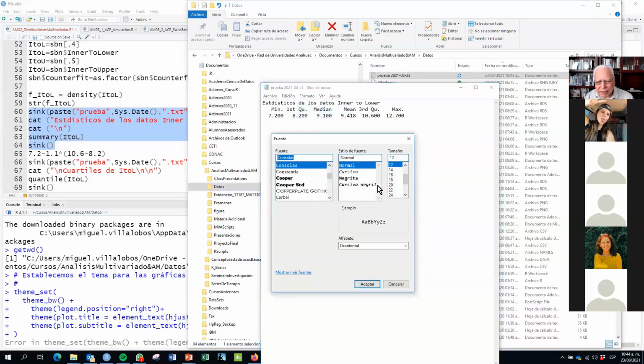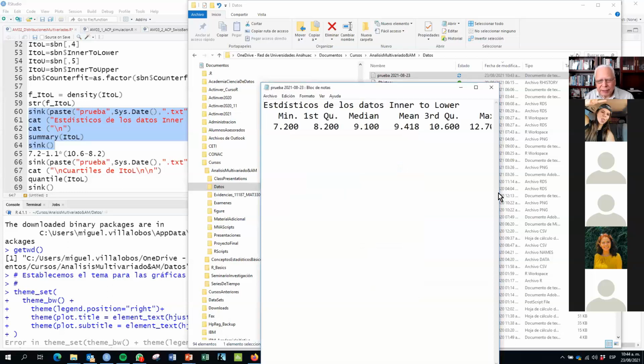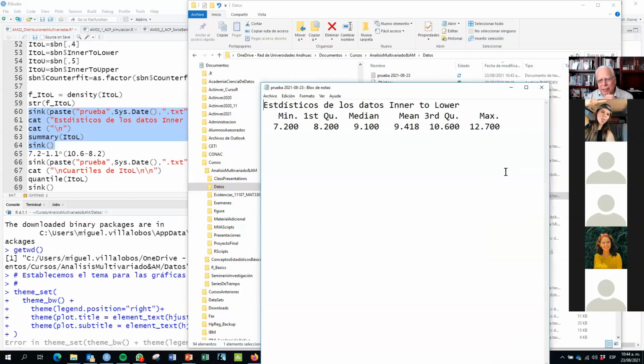Let me increase the size. The name of the file is prueba 2021-08-23, so I know that's the date that I created this file, and the result of summary is sent to this file. So if I want to send output to a file to use it later, we can use the sink function.